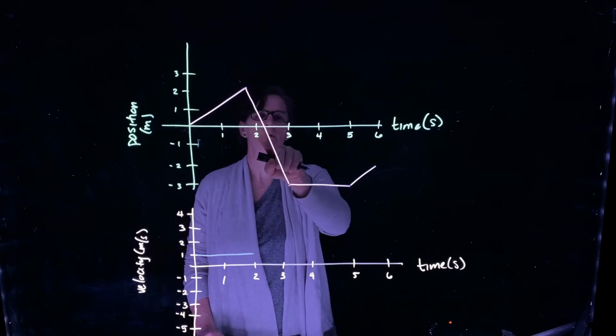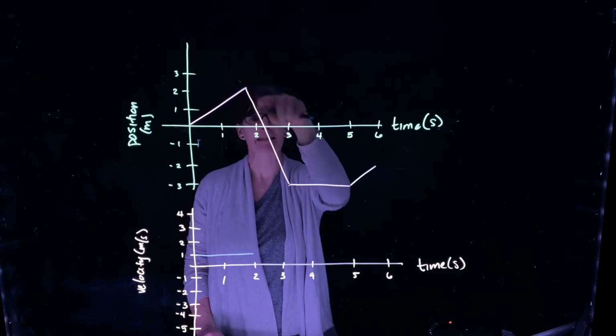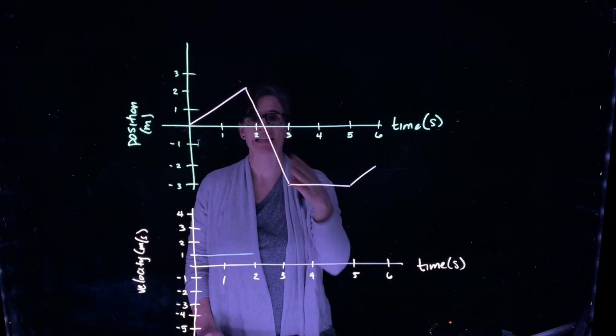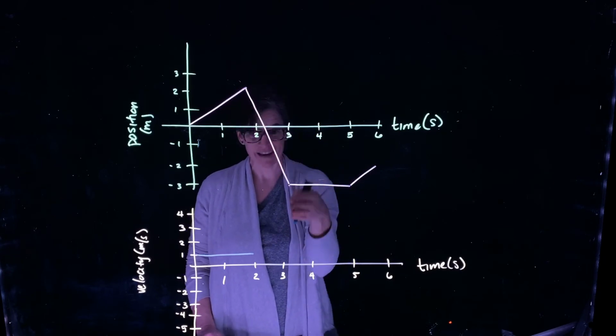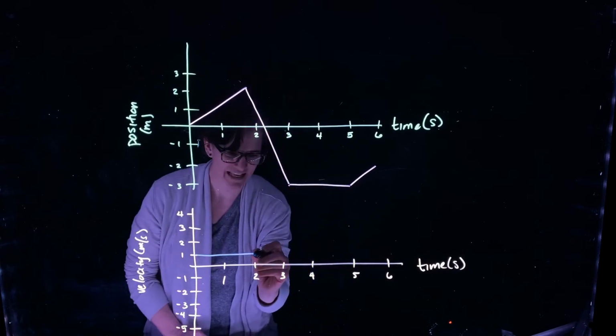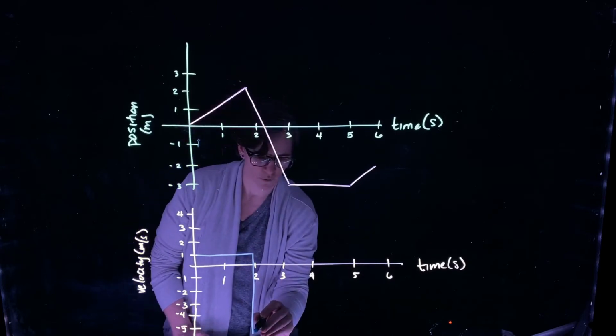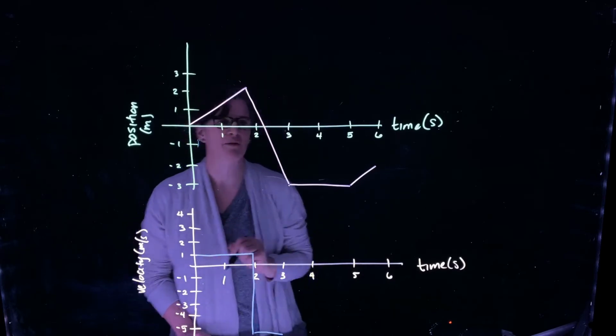So from the period between 2 and 3 seconds, I have a steady slope, constant velocity, it's a negative slope, negative velocity, and it's at a value of -5. So at 2 seconds, we instantly go to -5 for that second, between 2 and 3 seconds.